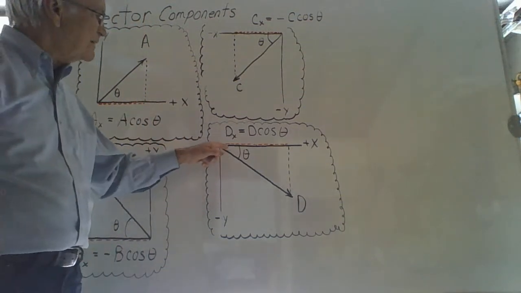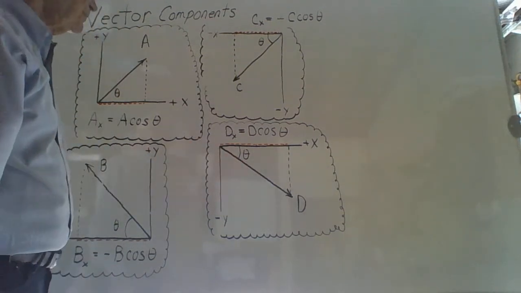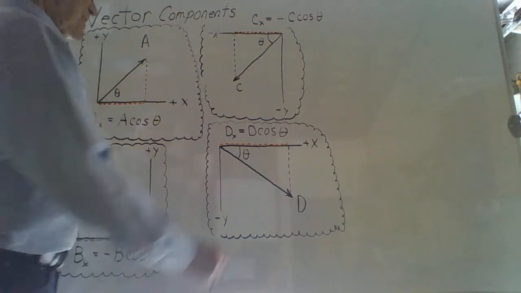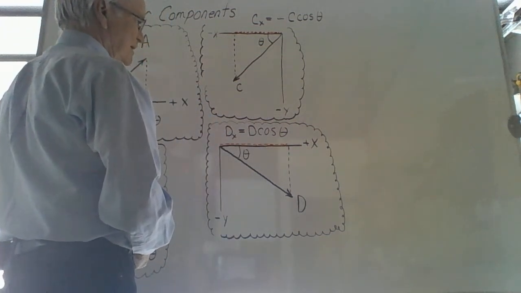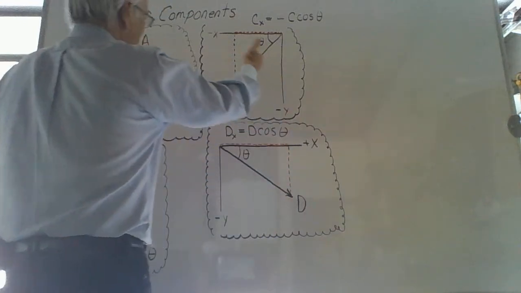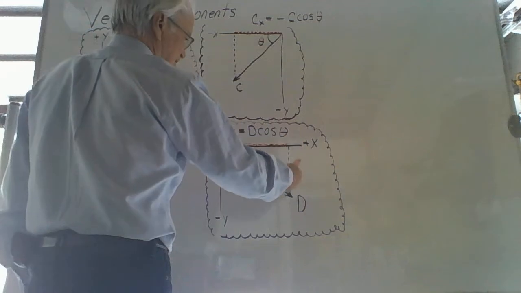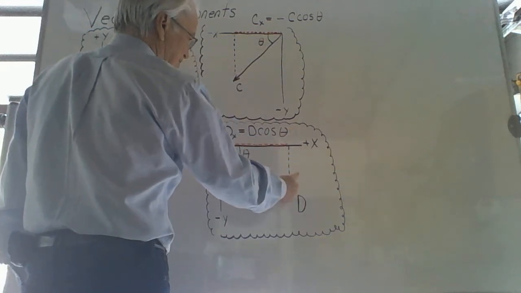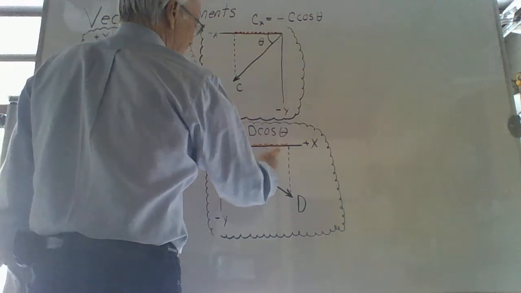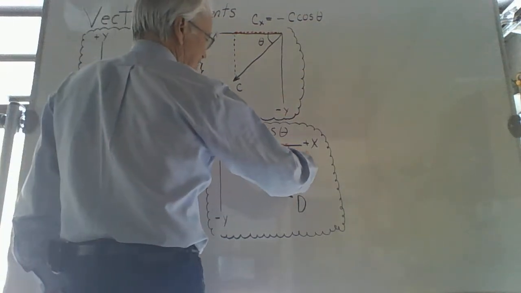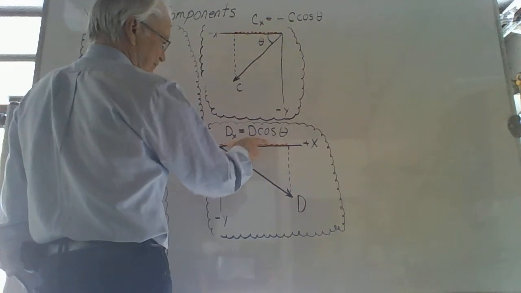I've drawn a vector d that points into the fourth quadrant. It makes an angle theta with respect to the x-axis. As I did with the other three vectors, I created a right triangle, dropping a line down or up to create a 90-degree angle. We see the leg height, not of interest to us right now, and the base width.